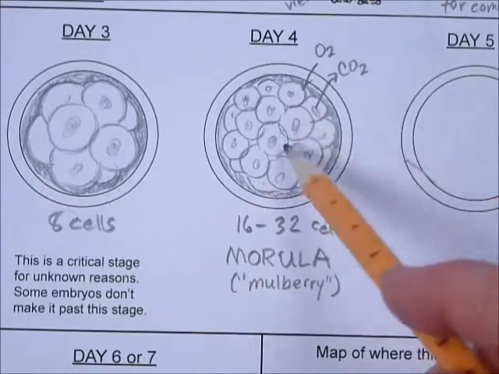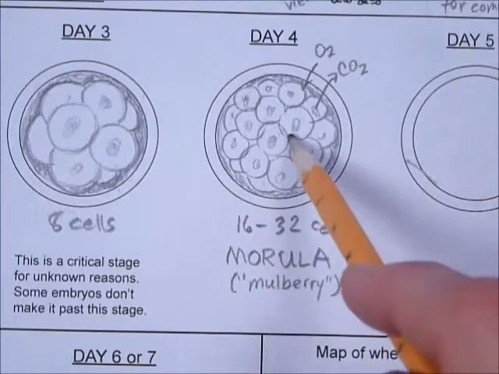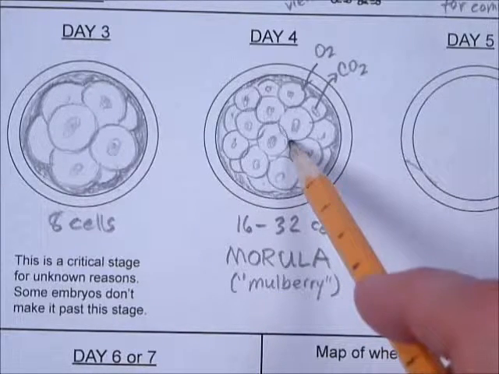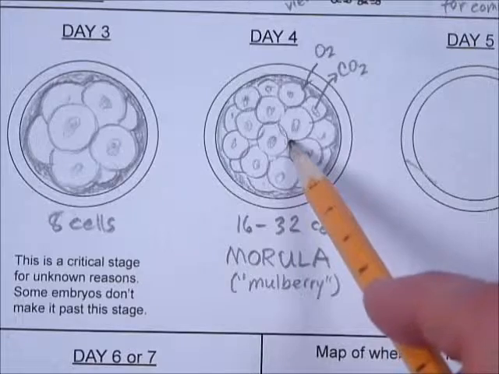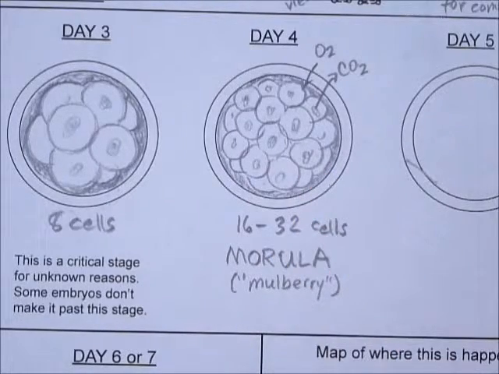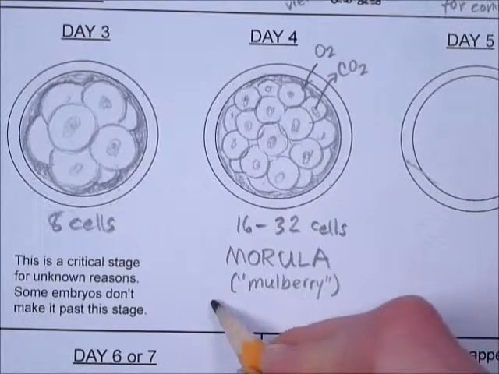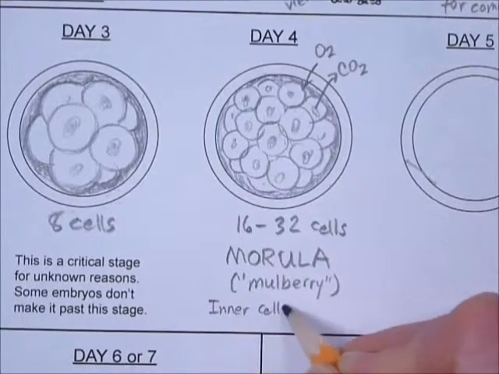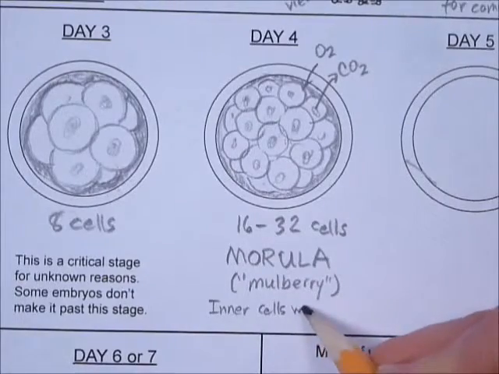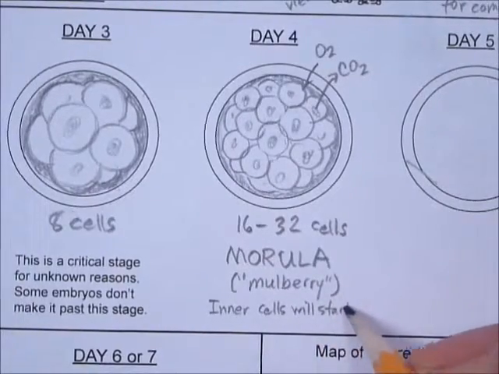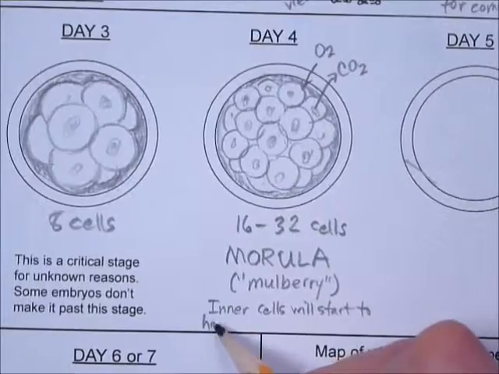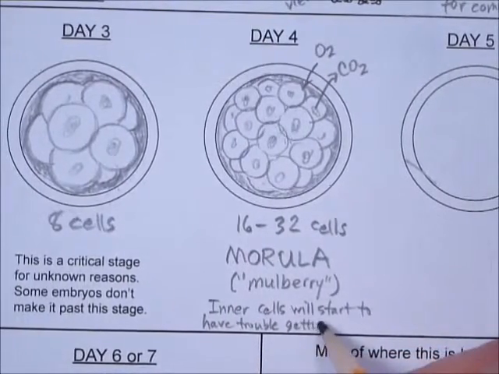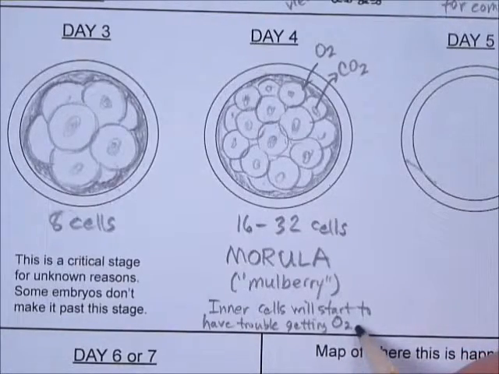The only thing we have is diffusion. So we've got a problem. How are the cells on the very inside going to get this oxygen? No capillaries yet. Let's just write a note right here. Inner cells will start to have trouble getting O2.